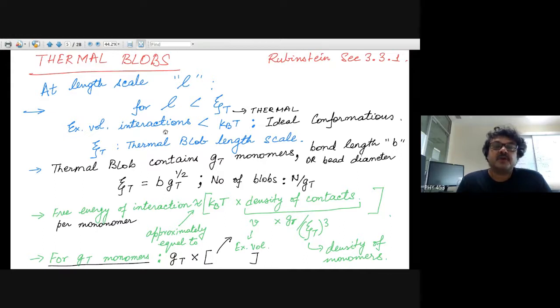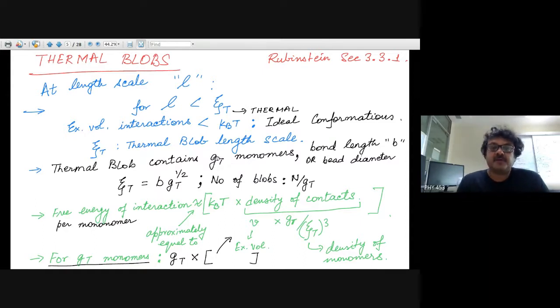So excluded volume interactions at length scales less than zeta T are less than kBT, so you can assume an ideal conformation. Zeta T is the thermal blob length scale, and at that length scale the thermal blob would contain, suppose, GT monomers. T again denotes thermal blob.